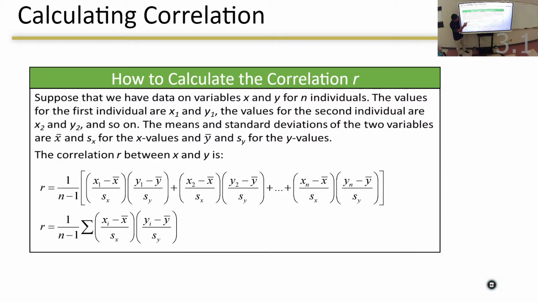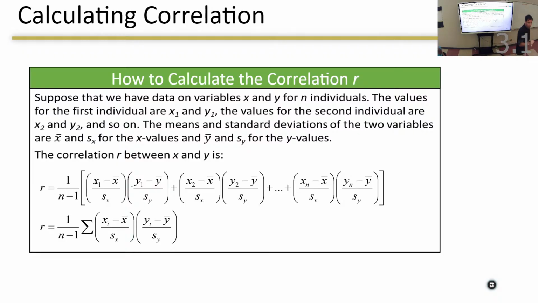But this is x minus x bar over the standard deviation, which is nothing more than a z-score. And then you got y minus y bar over the standard deviation of y's, and that's a z-score. And you're supposed to take those two z-scores and multiply them together. You'll never have to do all that stuff.